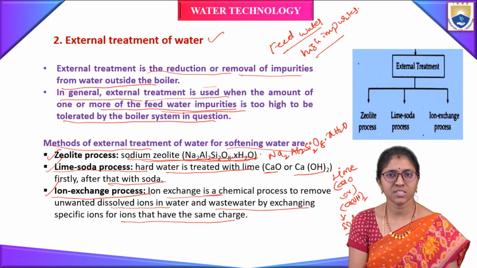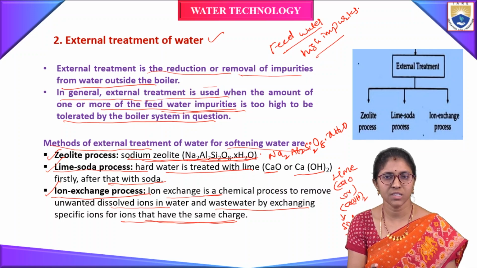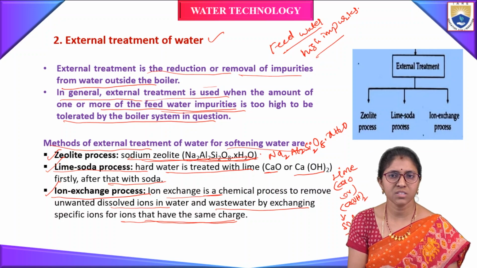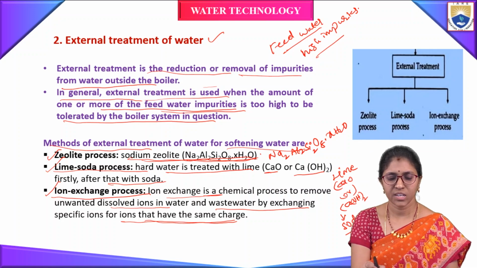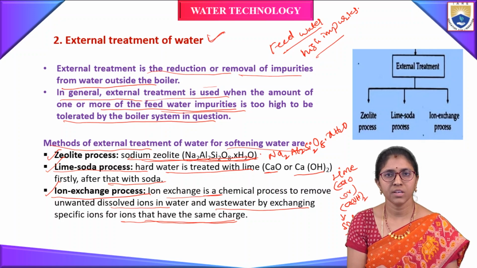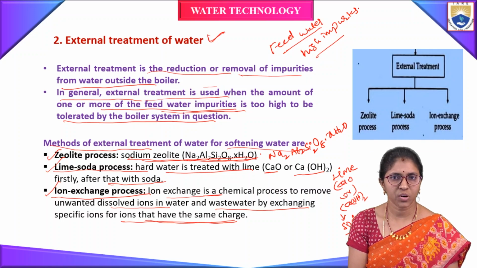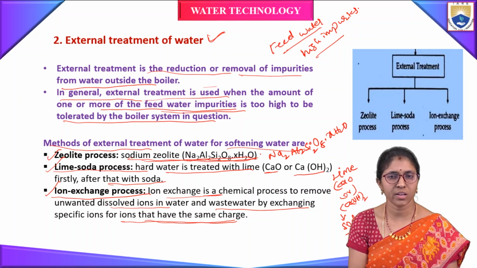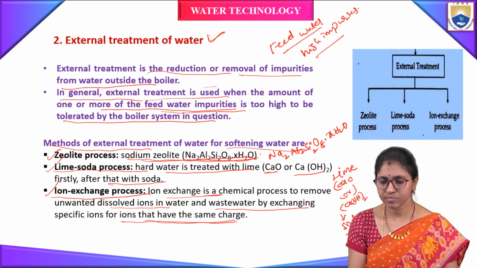So in this process, ions are exchanged, and by this exchanging process we are softening the water. So in external treatment of water, we have three processes: the zeolite process, the lime soda process, and the ion exchange process.